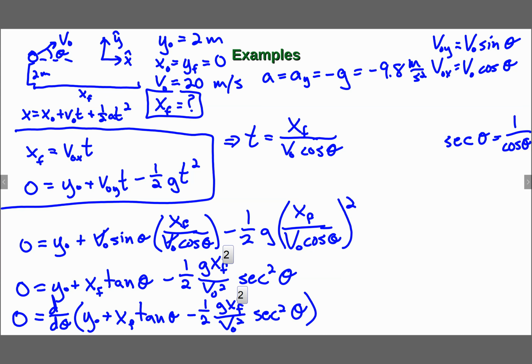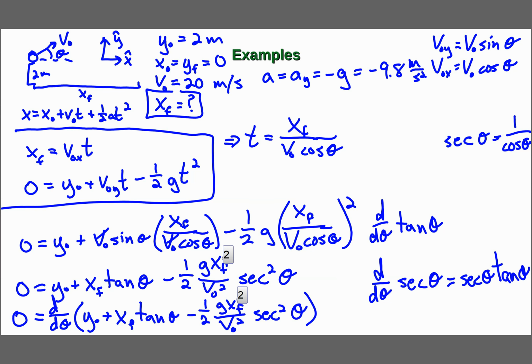And then, just as an aside real quick, I'll tell you that d theta of secant of theta equals secant theta tan theta, okay? And d theta of the tangent of theta is equal to secant squared theta, okay? So there's that information. Let's work from that.